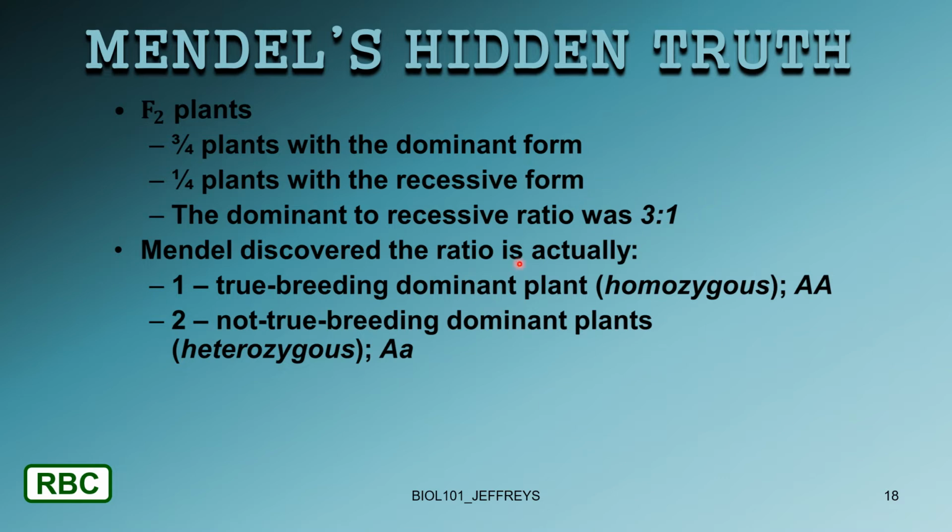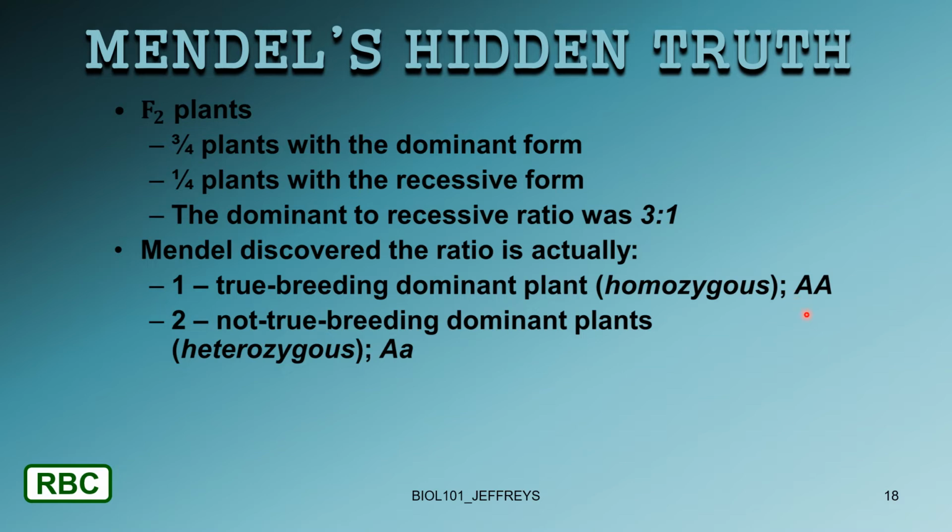So Mendel discovered the ratio is actually one true breeding dominant plant that's homozygous, right? True breeding, that's homozygous. Homo, the same, right? Two forms of the same gene. We call them alleles. And we represent those with letters. You can use whatever letter you want here.